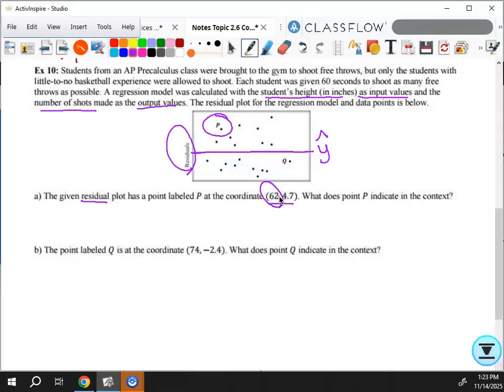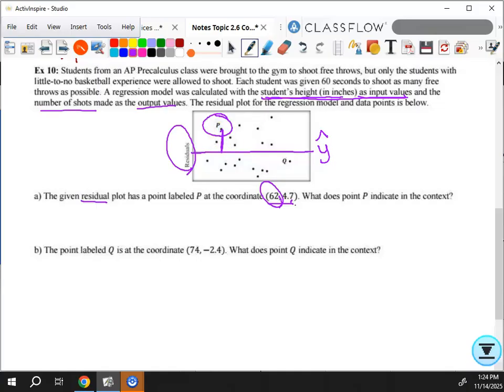Yes, the 62 itself is the height, because the input is the same no matter what. Now, this does not mean that the 62-inch student made 4.7 free throws. That's not what that means, because this represents the residual, right?